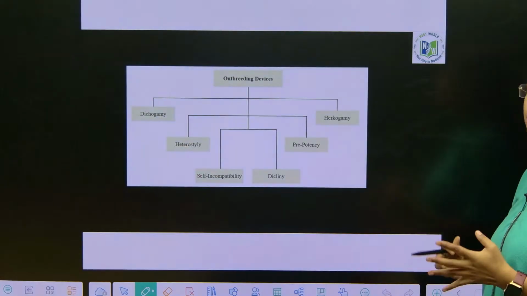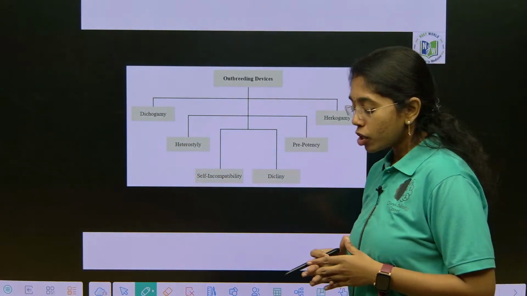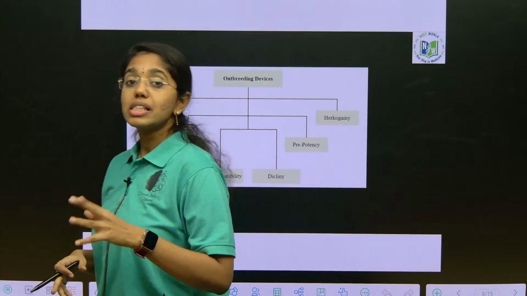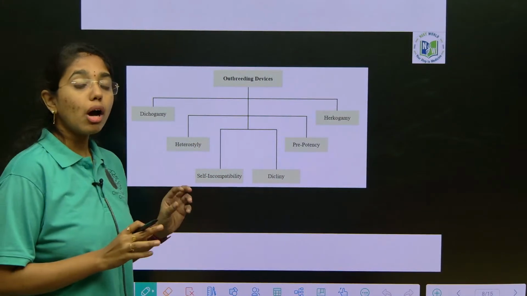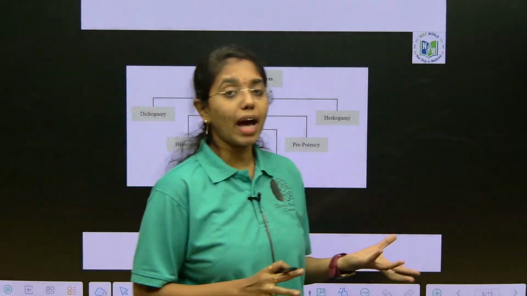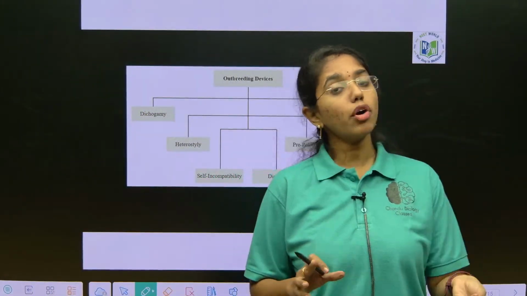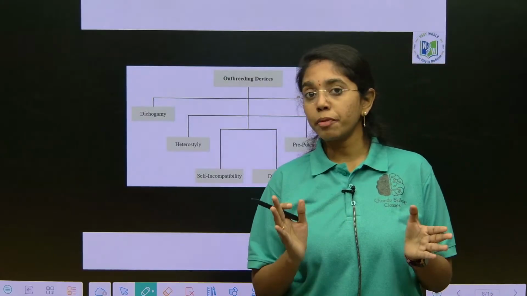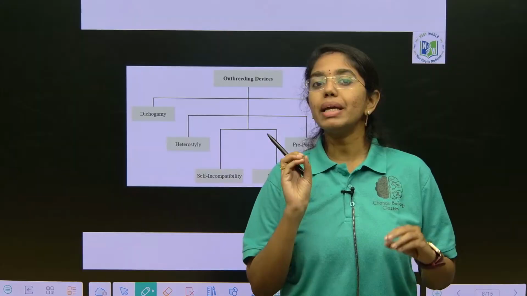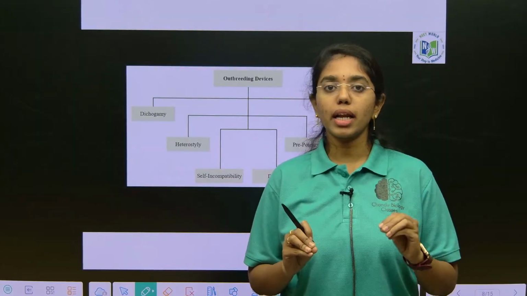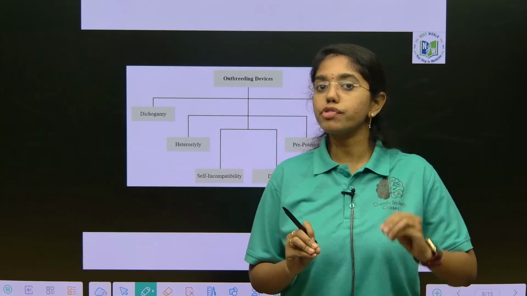Next here is outbreeding devices. So, here we have observed self pollination and cross pollination in our previous class. In a bisexual flower or monoecious flower, of course, both male and female reproductive structures are there in the same flower, but the stigma will be incompatible for the pollen grains which are released by the anther of the same flower.